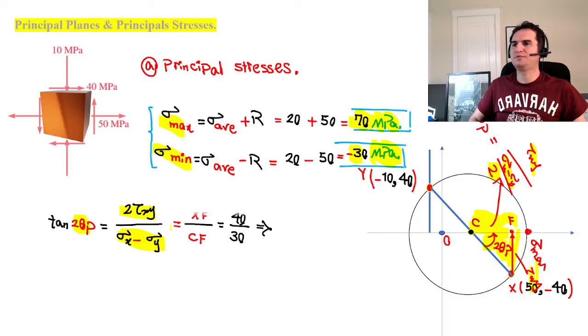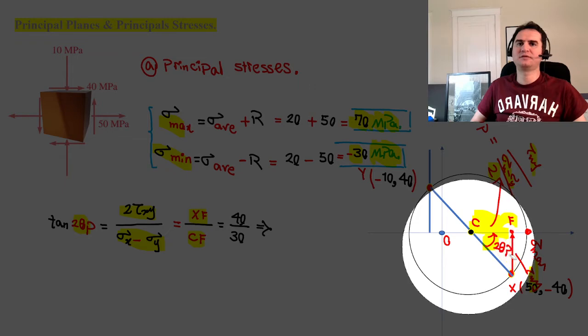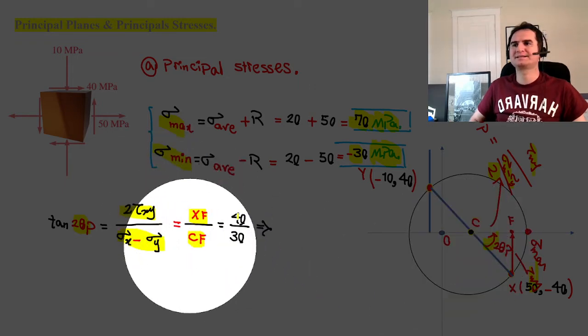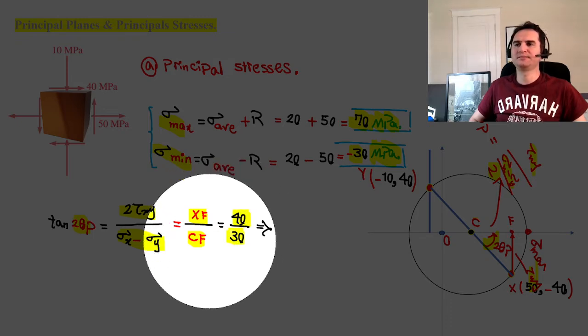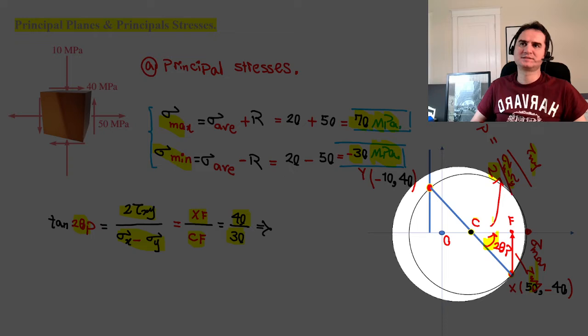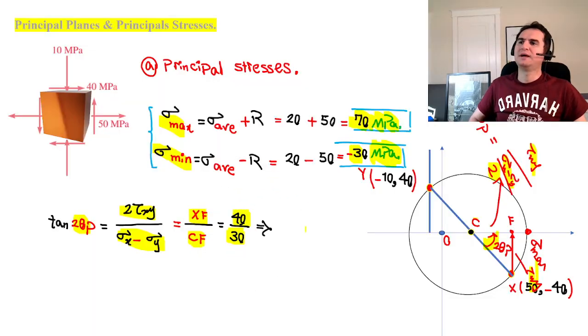So if you do the math, that's XF over CF. That's XF over CF, and that's 40 over CF, which is 30. CF is just sigma x minus sigma y over 2.